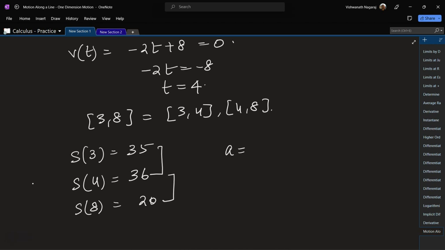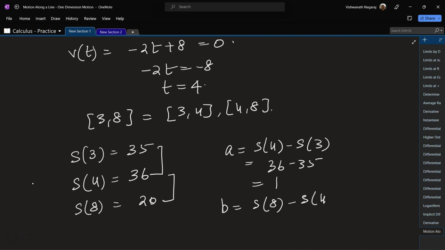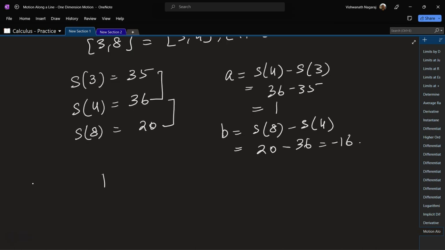So A is equal to S of 4 minus S of 3, which gives us 36 minus 35, which is 1. And B is equal to S of 8 minus S of 4, which gives us 20 minus 36, which is minus 16.